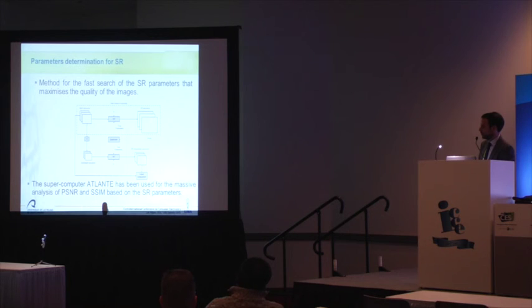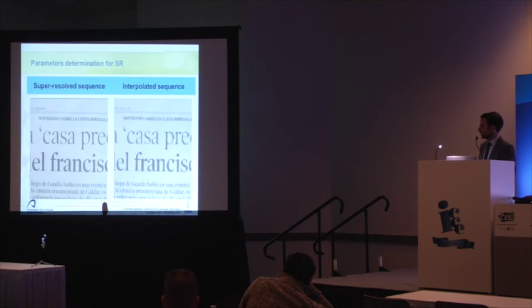With this approach, we can get the best solution. This is of course not practical for real time, but it gives us information to make decisions on how to improve the algorithm. This is the solution, for instance, and you can see here that the result is almost an original image. It's a very, very high quality result.